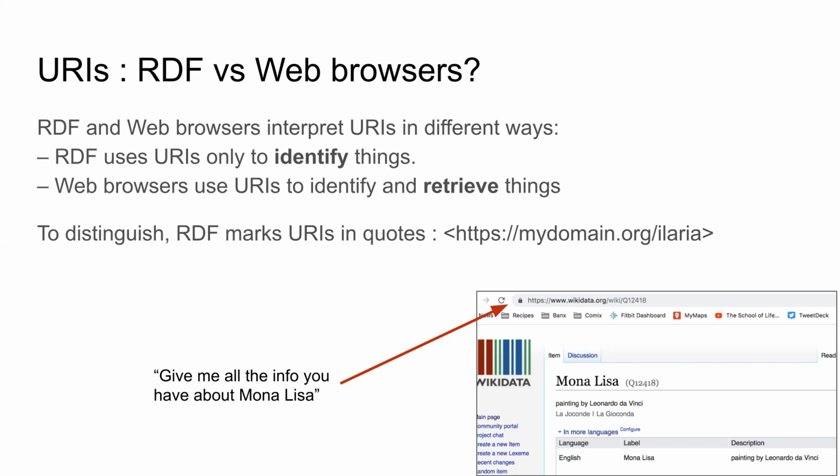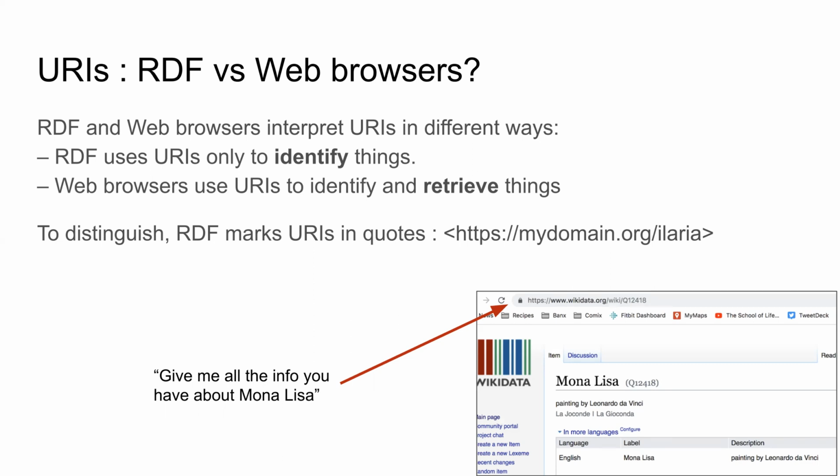Web browsers use URIs to identify things, but also to retrieve information from the web. So in this sense, web browsers do an extra step. If you create a resource, giving it a name with a URI, and you store it on the web under your domain name, then a web browser will be able to retrieve information from it. So the main difference is that RDF only uses URIs to identify things, while with browsers you can actually retrieve information about these URIs.